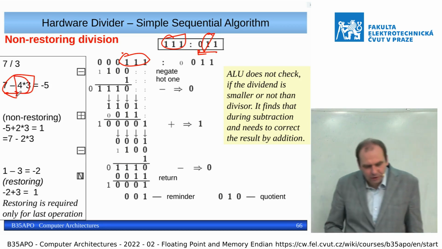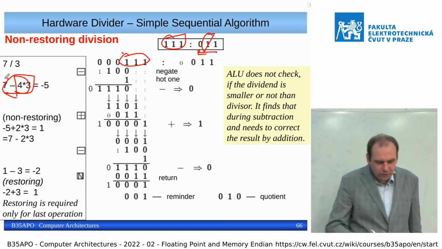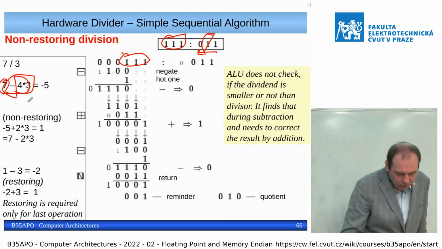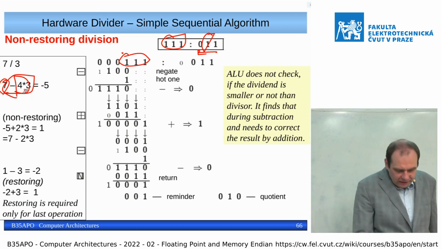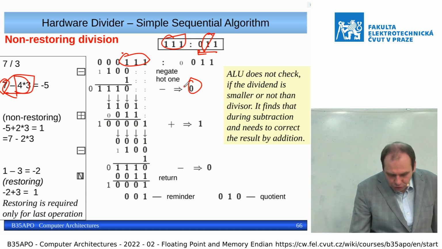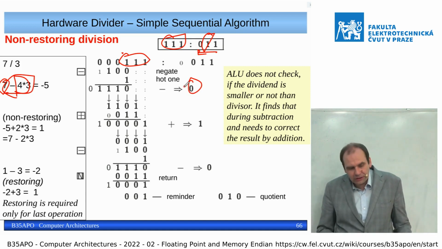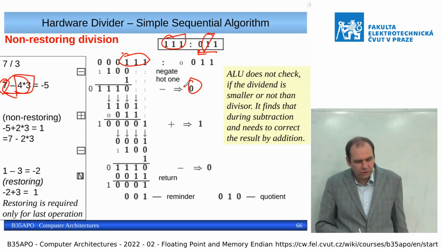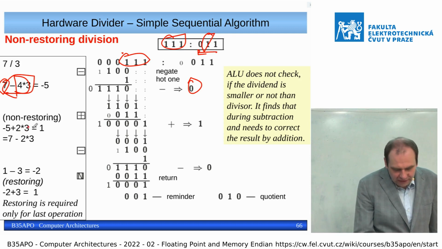And in fact what we do, we check if the value fits into the 7 or not multiplied by 4. And we find that it didn't fit. So this means that we should put the 0 into the result. One option is then to return back to the value 7 and try to subtract 3 multiplied by 2.